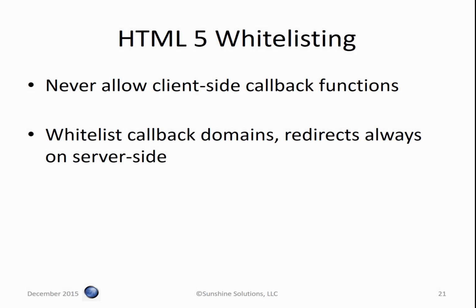So now we come to the HTML5 whitelisting, also included in our defensive measures. Of course, we never want to allow any kind of client-side callback functions. This goes back to that JSON padding, or that JSONP attack, that I referenced earlier in the talk.